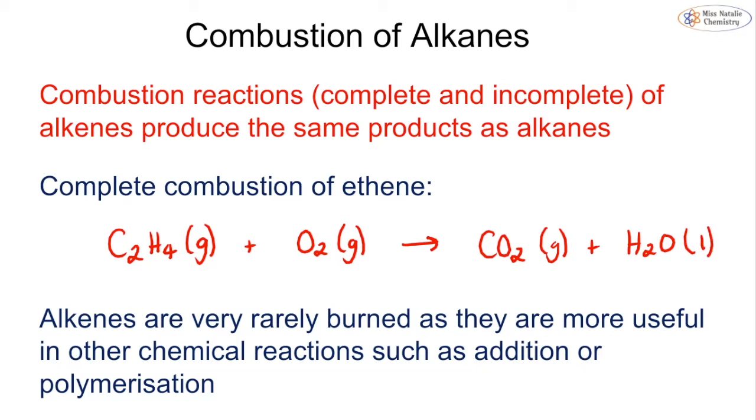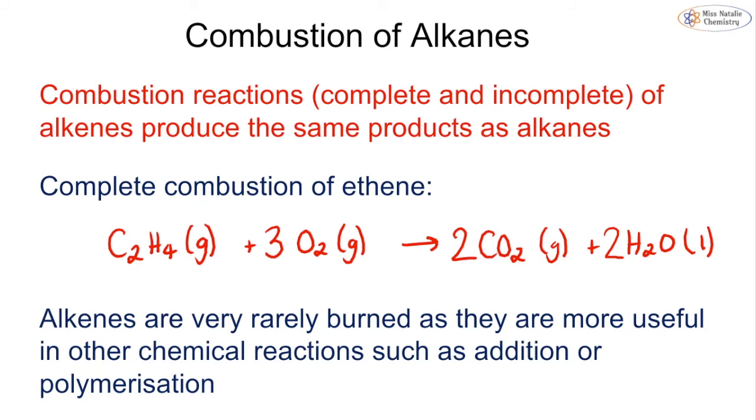And of course, we always want to balance it, so we need a 2 in front of the carbon dioxide, a 2 in front of the water, and that then gives me 6 oxygens, so I need a 3 as my coefficient there. So remember, make sure to practice writing out your balanced chemical equations for these combustion reactions.